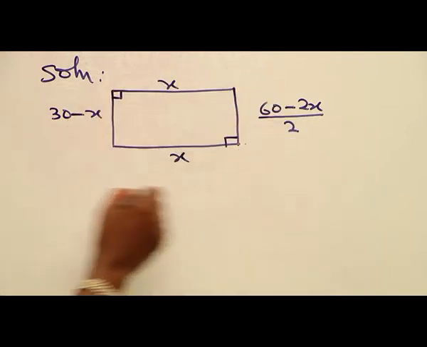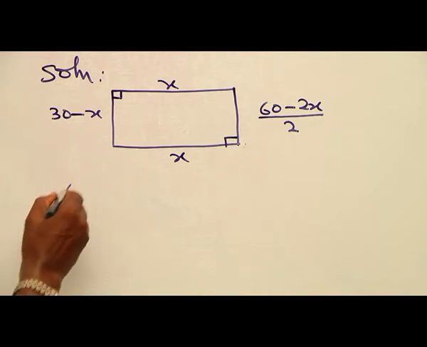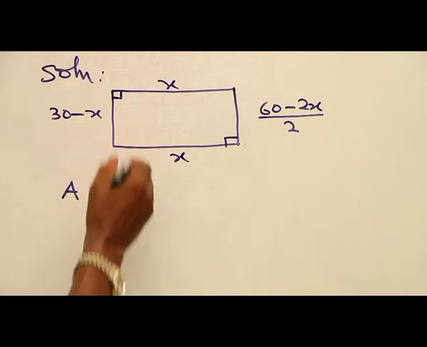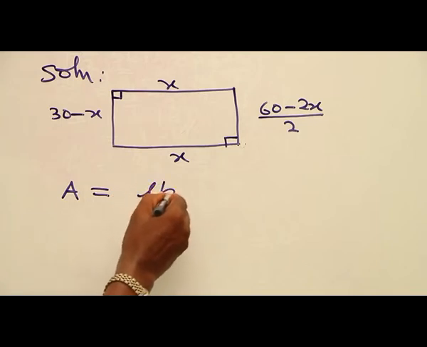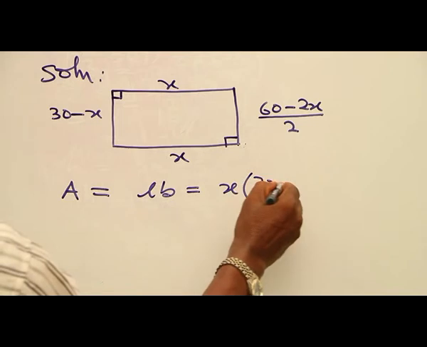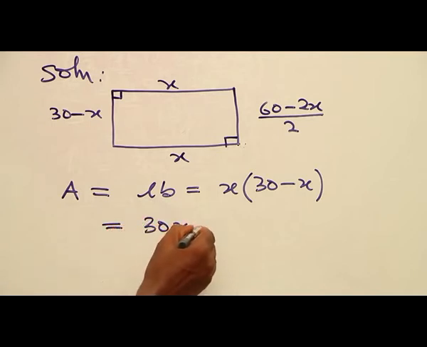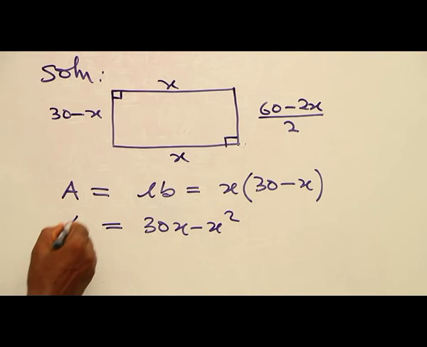If you add this together, you will have the 60 meters. Now the area A is length times breadth, which is x multiplying 30 minus x. So A is equal to 30x minus x squared.